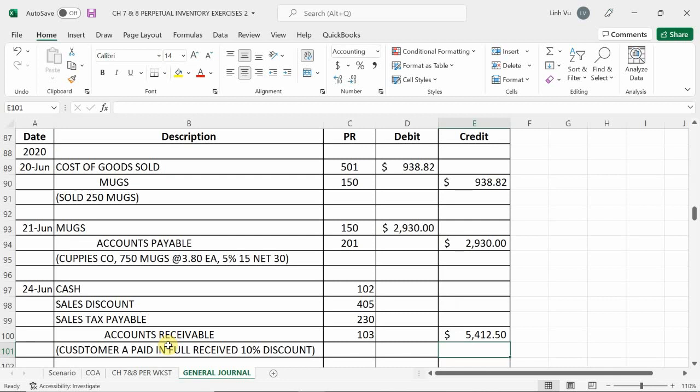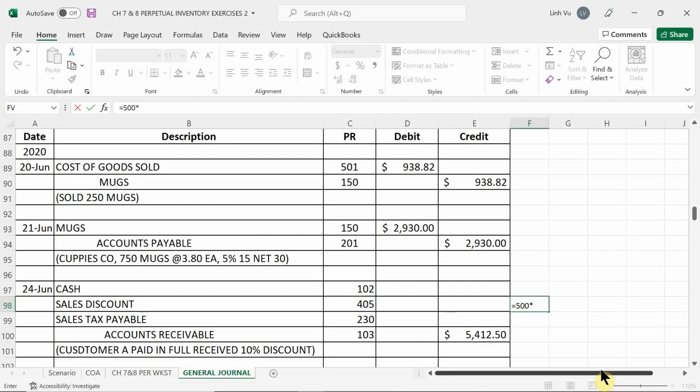Okay? Now, let's go ahead and do it this way. Let's think real hard, okay? If I originally sold 600 units but ended up returning 100, how many items did I actually sell? We sold 500, right? Now, at what price did I sell my units? $10.